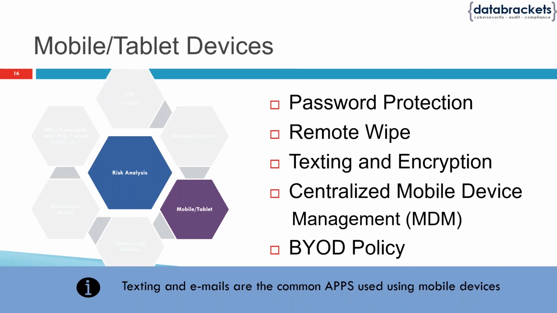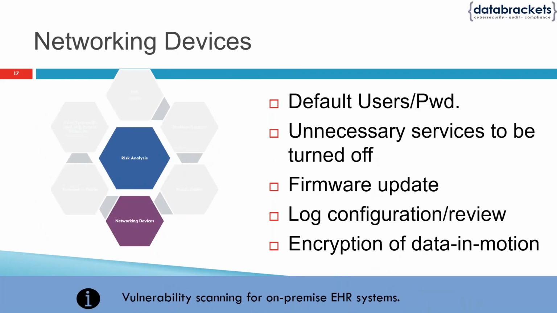Then centralized mobile device management and a BYOD policy are some of the things that we recommend for a lot of the practices who are using mobile-based devices. Then when it comes to networking devices, these are some of the things that you need to make sure you have in place. Most of these routers that come from AT&T or any of your internet service providers have a default username and password.